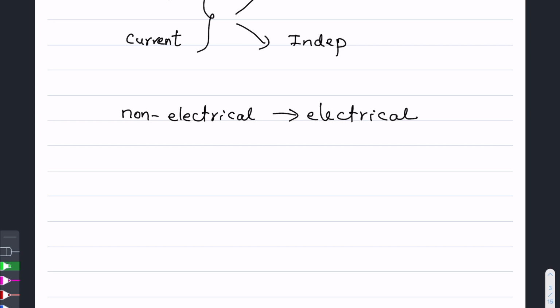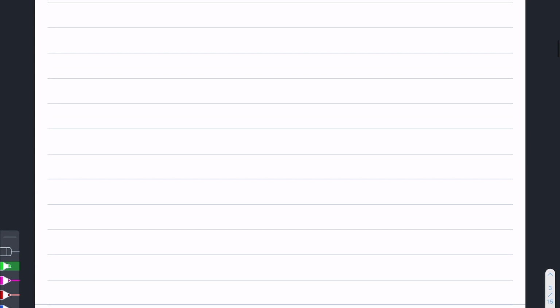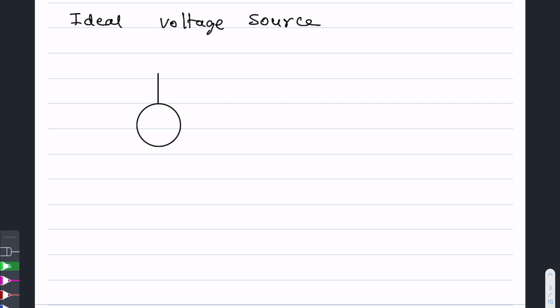Okay, so that's about current and voltage sources in general. Let me quickly give you the symbols for voltage and current sources here. So, ideal voltage source. Let me start off with the symbol for the ideal voltage source that we will be using throughout this course.